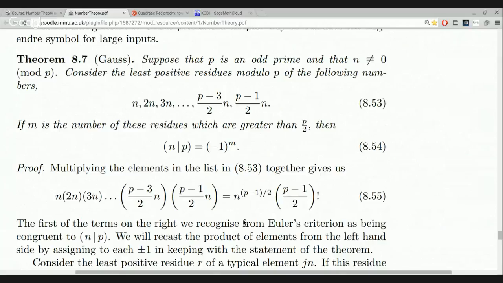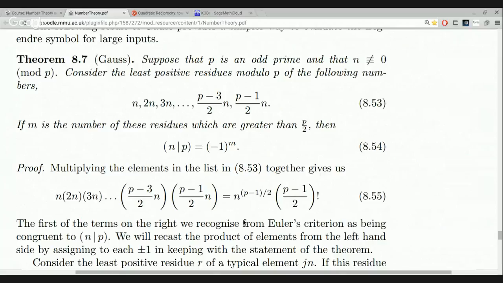We're going to apply Euler's criterion, do what we can with this expression, and extract some kind of decision procedure out of it. So what's the decision procedure? Well, this is in the statement of the theorem. Suppose p is an odd prime, and n is not congruent to 0 modulo p, so that just means n is something in the multiplicative group modulo p.